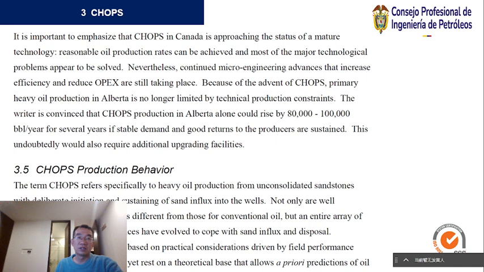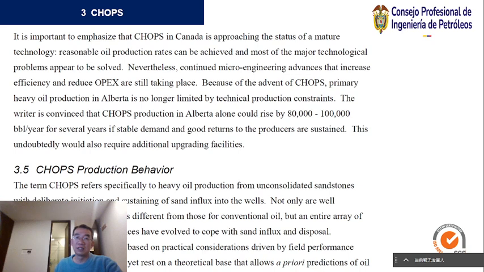It is important to emphasize that CHOPS in Canada is approaching the status of mature technology. Reasonable oil production rates can be achieved, and most of the major technological problems appear to be solved. Nevertheless, continual macro-engineering advances that increase efficiency and reduce OPEX are still taking place.